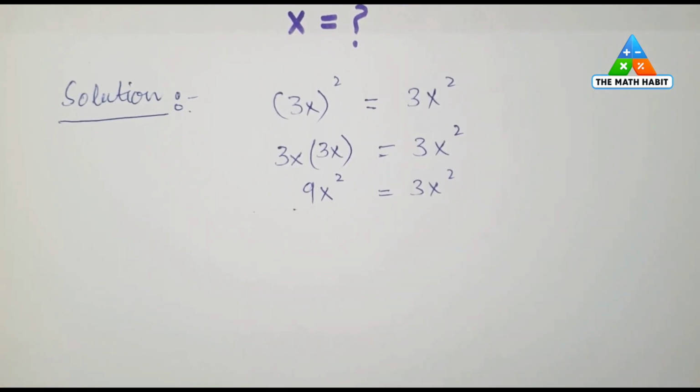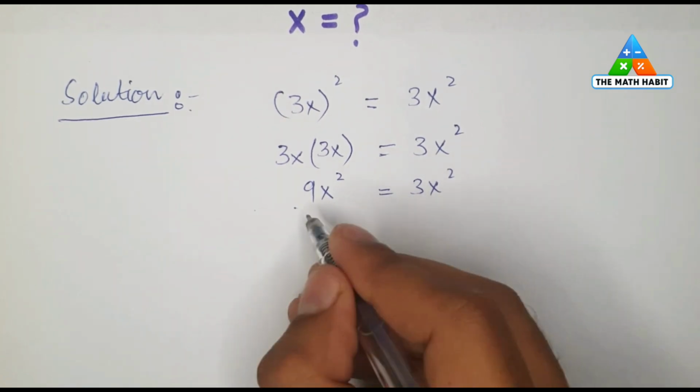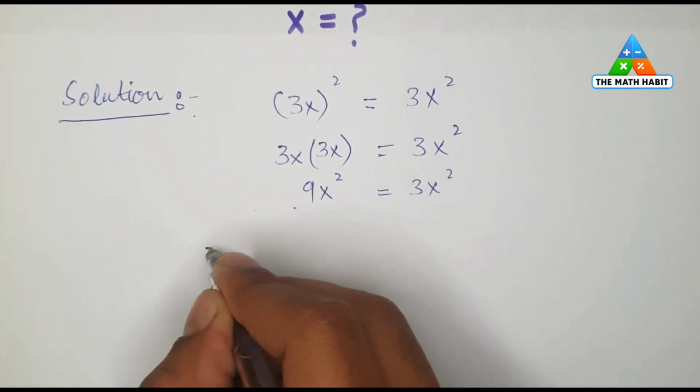Now if we divide both sides by x², we cannot further simplify it, so we'll divide both sides by 3.